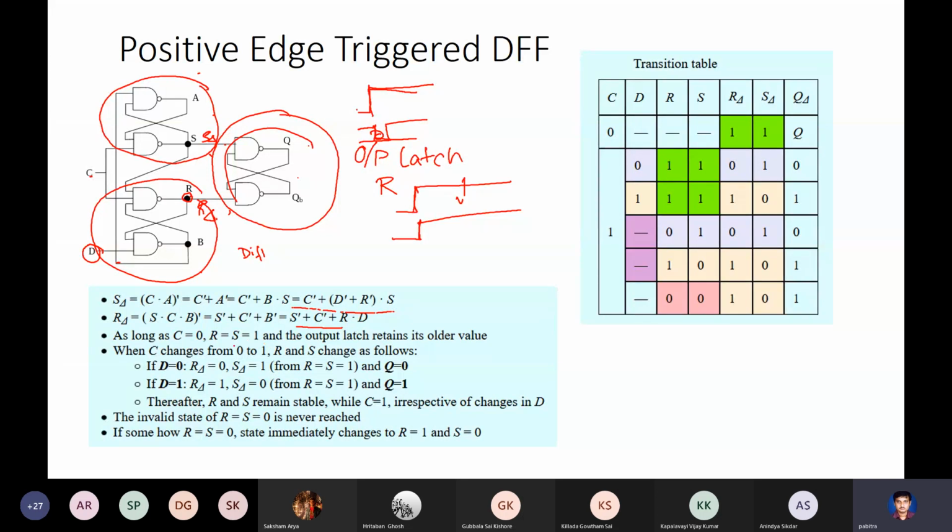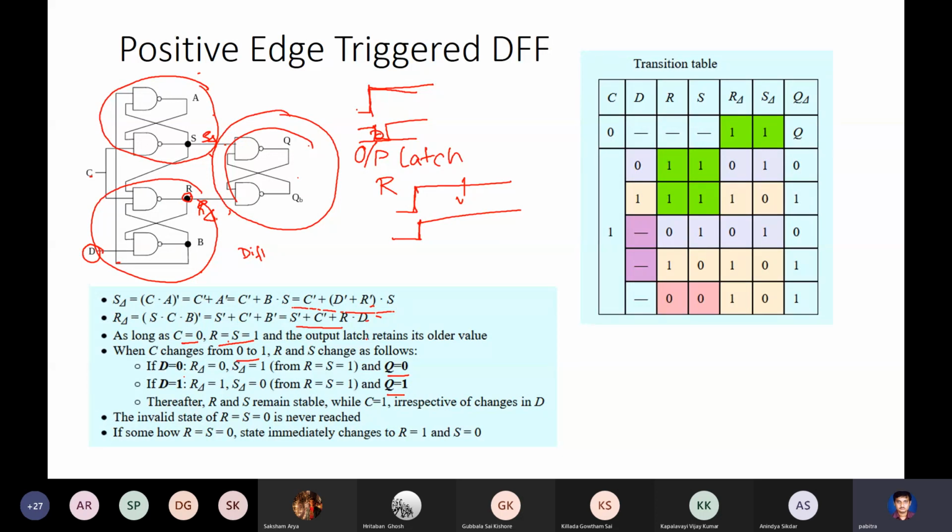As long as clock is 0 and R, S is 1, the output latch retains its older value. When clock changes from 0 to 1, R, S is as follows: if D is 0, Q is 0; this is the usual operation of the D flip-flop; if D is 1, Q is 1. Thereafter, R, S remains stable while C equals 1, irrespective of changes in D. By this particular circuit, the R equal to S equal to 0 state is not reached.